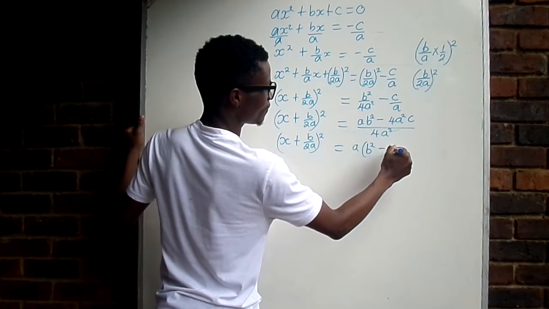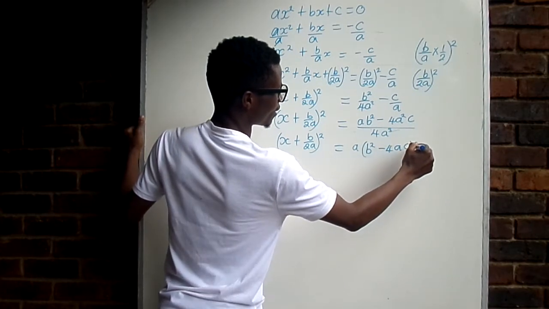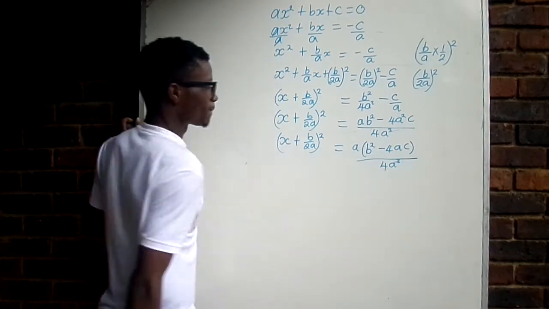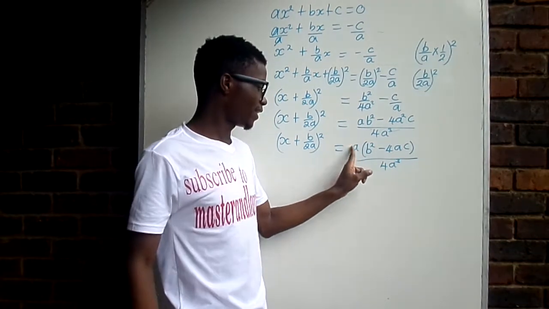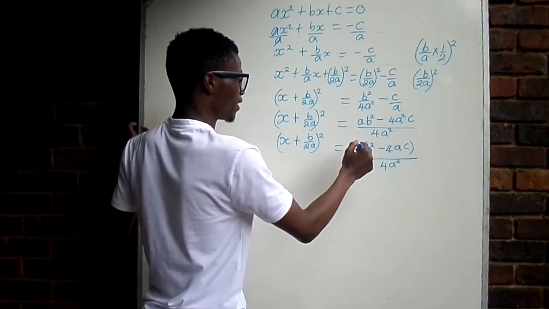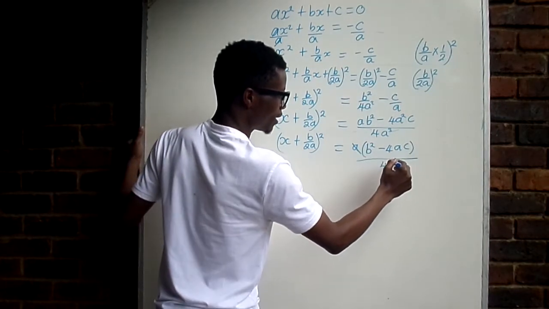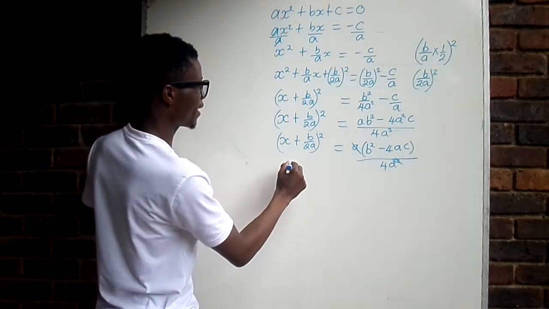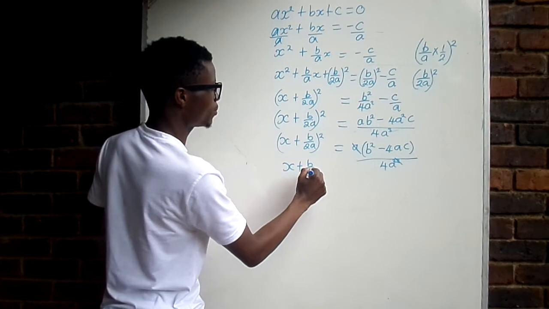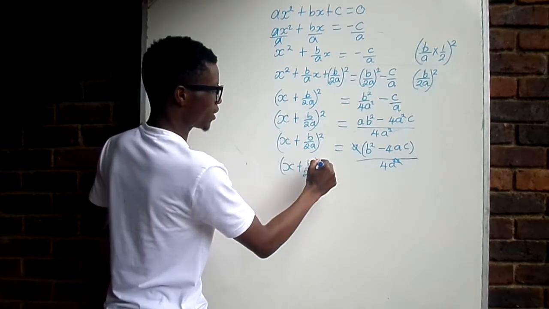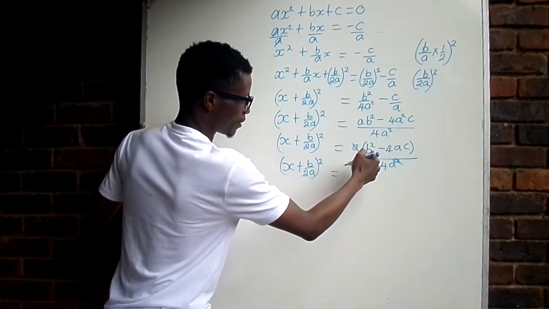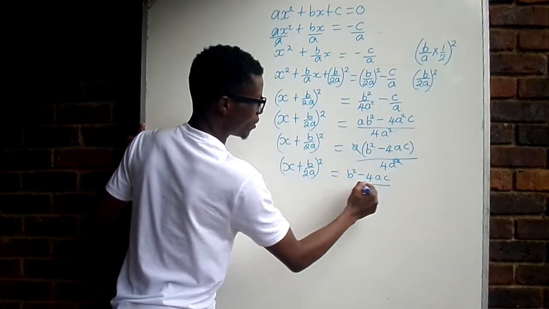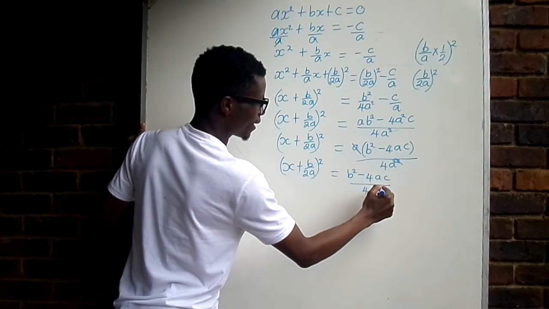So I have negative 4ac all over 4a cubed. Now we can simplify. A cancels a cubed, we're left with a squared. Rewriting our expression, we now have x plus b over 2a squared is equal to b squared minus 4ac all over 4a squared.